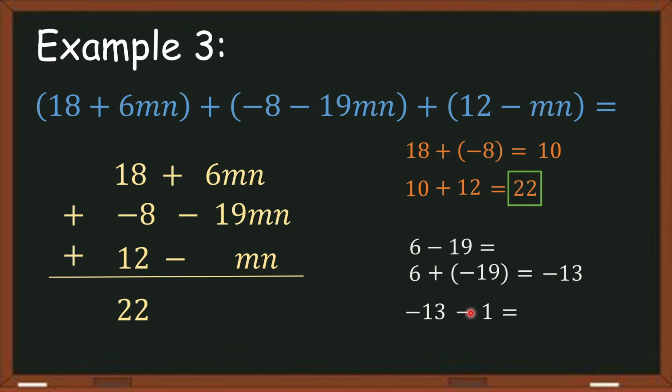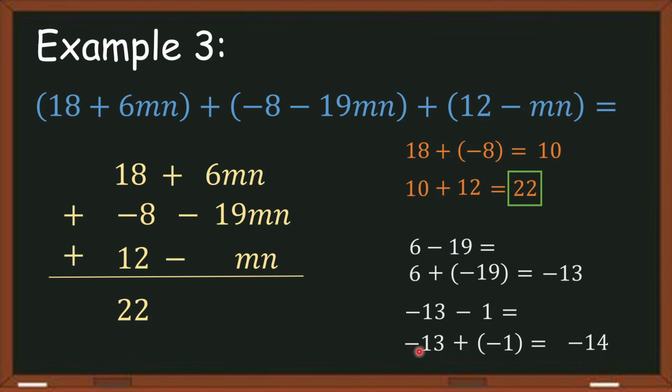So dahil again subtraction ito, i-apply natin yung rule for subtraction of integers o yung keep, change, change. So keep lang natin itong minus 13 and then change natin yung minus, gawin nating plus. Change natin itong positive 1, gawin nating negative 1. So i-add natin yung negative 13 plus negative 1. So dahil parehas naman sila ng sign, all we have to do is to add 13 plus 1, the answer is 14.